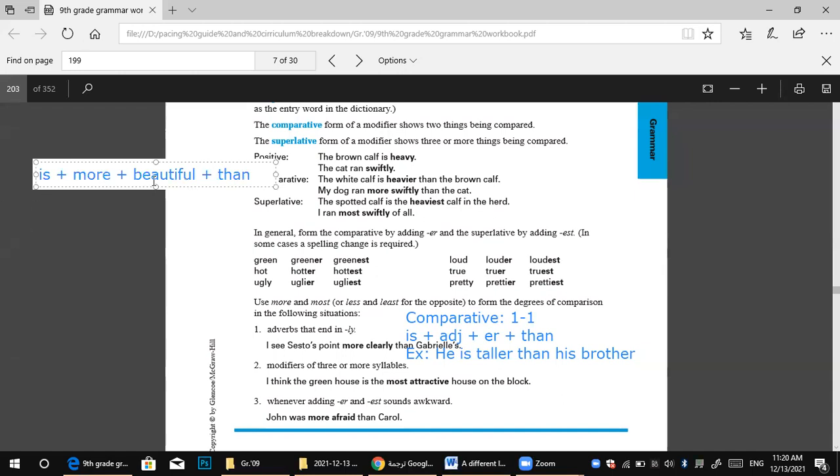For example, she is more beautiful than her hair color.